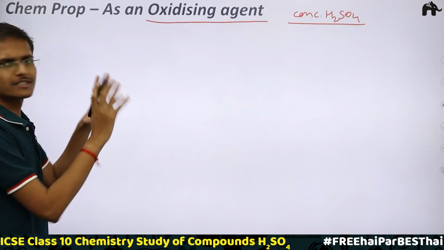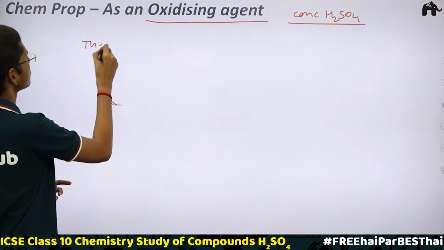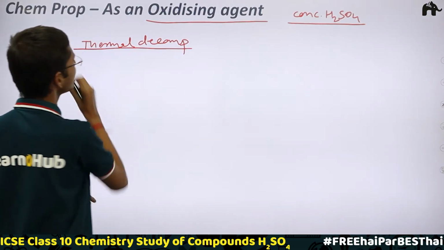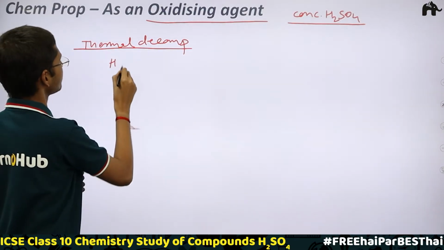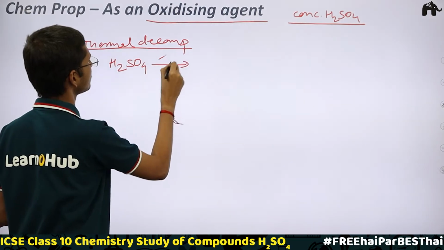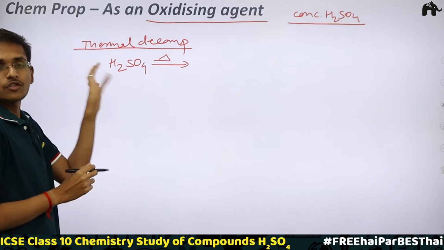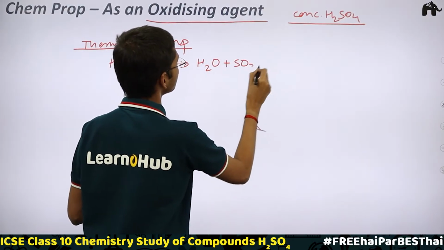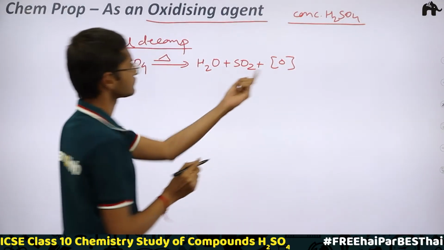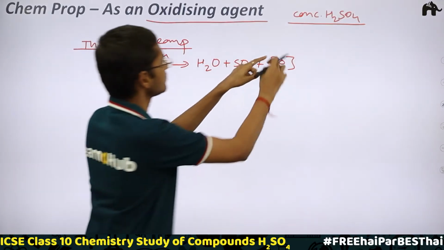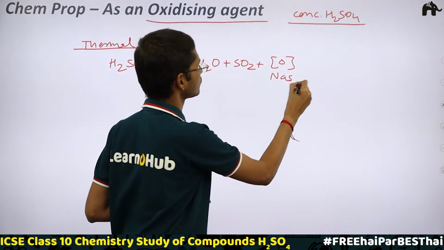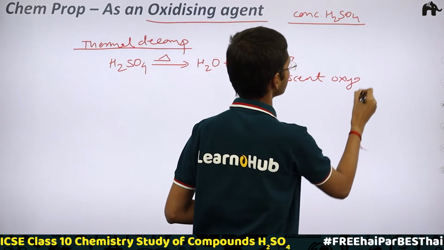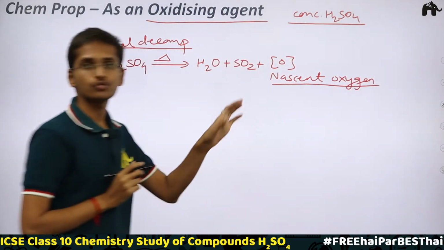It's simply because when thermal decomposition of sulfuric acid takes place, it gives off nascent oxygen, along with water and sulfur dioxide. Nascent oxygen, I am writing it in brackets. This is called nascent oxygen, a single oxygen atom. Nascent oxygen means a single oxygen atom, not O2.